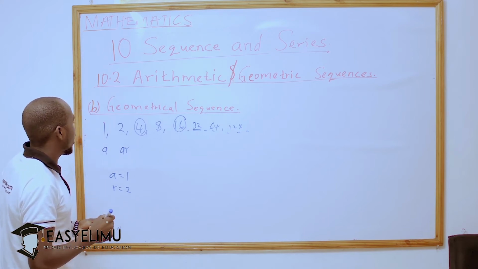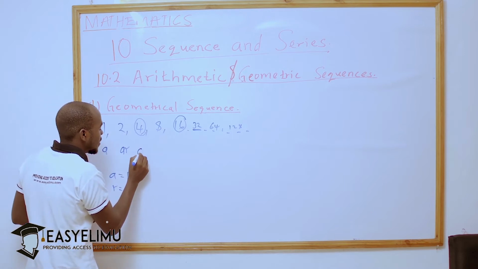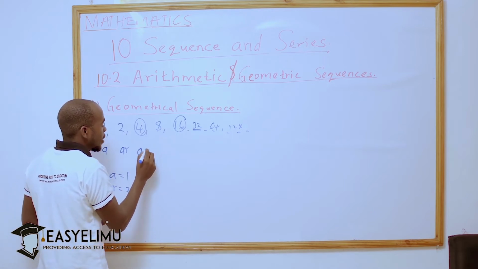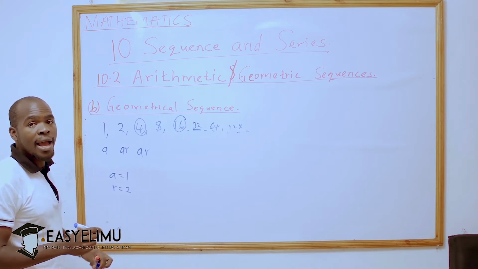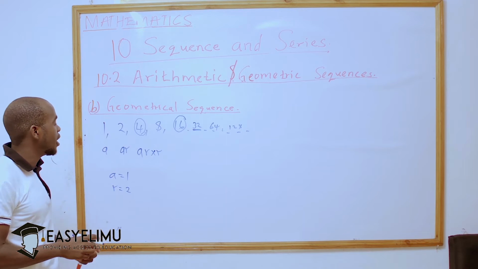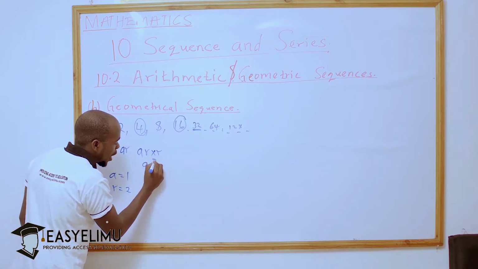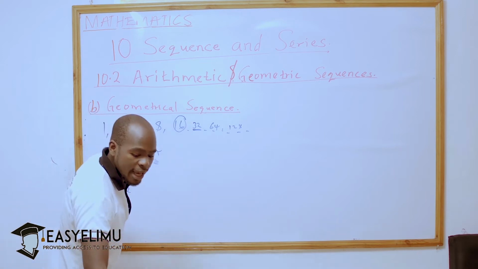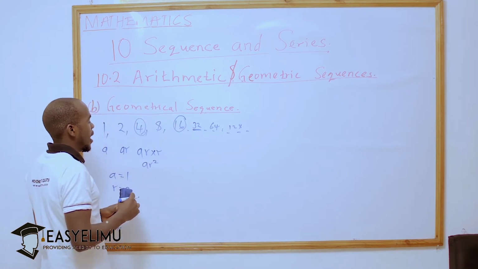For the third term, we take AR and multiply it by another R. So it gives us AR squared.